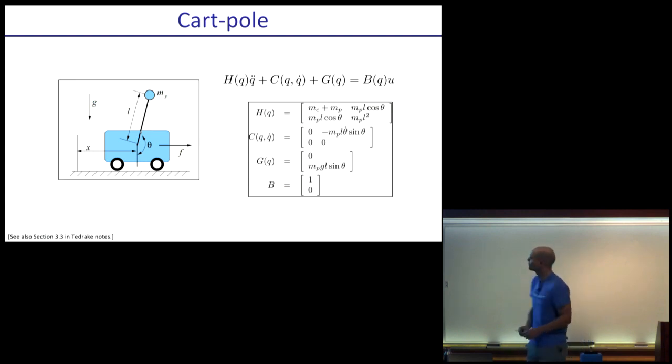So cart pole is a problem where you have 2 degrees of freedom, the x-coordinate and the angle of the pole, theta. And then the state space is 4-dimensional because there's x and the velocity, x dot, and theta and the angular velocity, theta dot. These are the equations describing how the dynamics of cart pole works. Clearly, this is nonlinear.